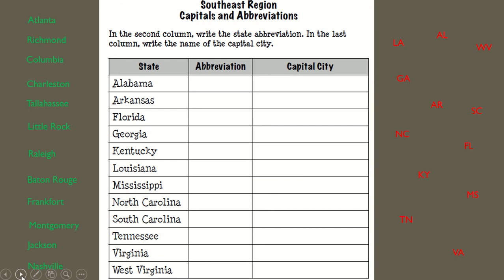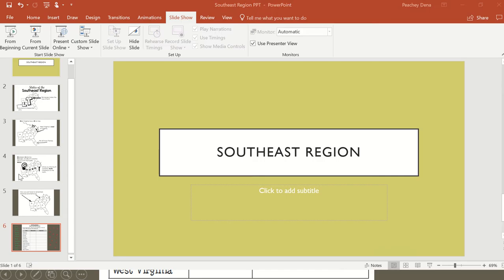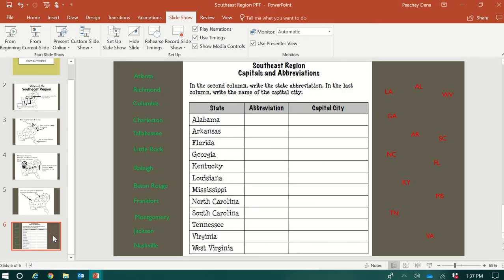What I'm going to do with you is the capitals and abbreviations. So let's start with Alabama. Okay. Alabama has the abbreviation of AL. So I'm going to get out of this screen, and unfortunately, you're going to have to look at it on a small screen here.